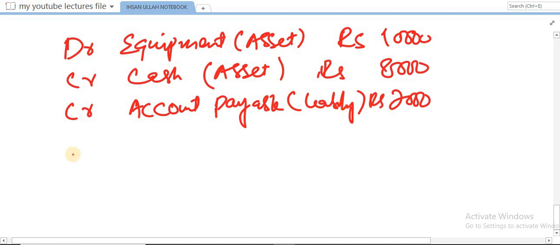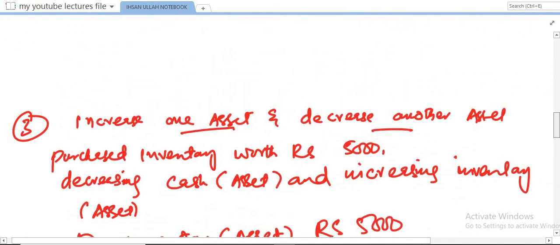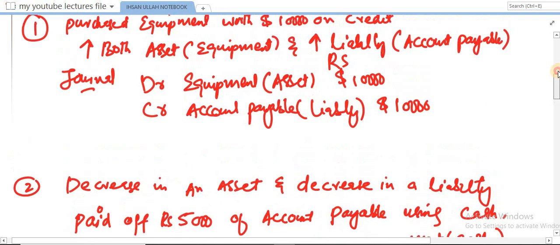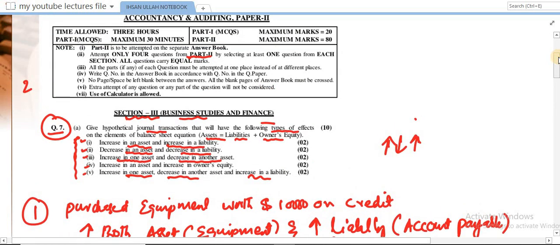So this is the end of this question. We have done all the parts using a hypothetical scenario as directed by the question requirement, and this is a very simple question which we have just done.